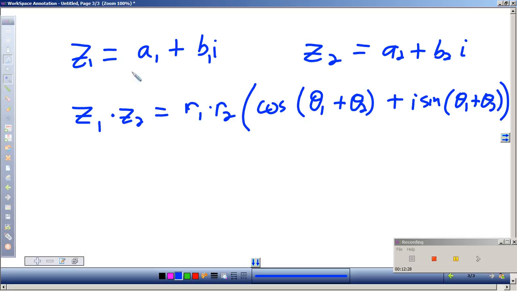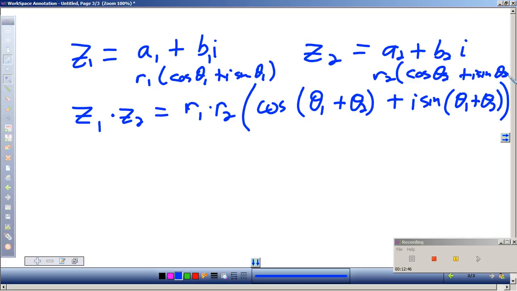This is the same if we have it in the form r1 cosine theta 1 plus i sine of theta 1. Okay, so everybody see the connection?